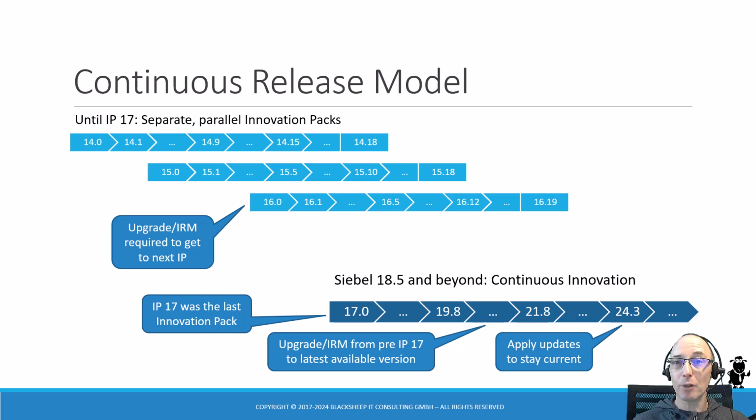But once you have upgraded to anything IP17 or higher, you can follow Oracle's continuous release model and simply apply updates, which are released monthly by Oracle. And applying an update just takes a few person days. And at the Siebel Hub, we follow the monthly release cadence of Oracle and we update our training materials accordingly.